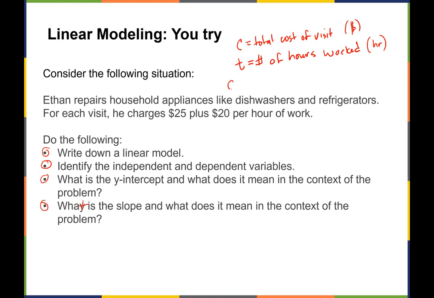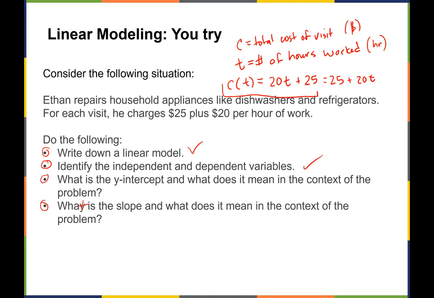So my linear model is C of t equals, and you can write this in either order, $20 per hour times t plus 25. If you wrote down 25 plus 20t, that's fine too. Those are the same. I just prefer the first one because it looks a little bit more like mx plus b.